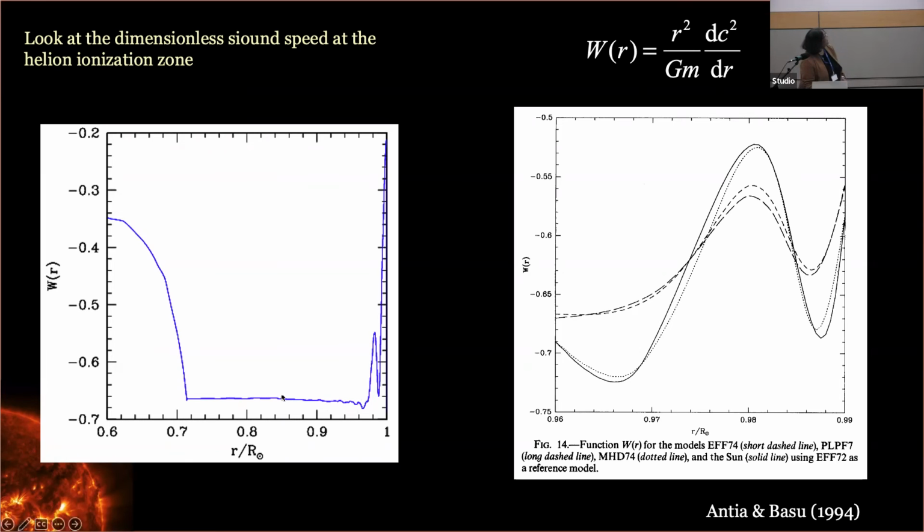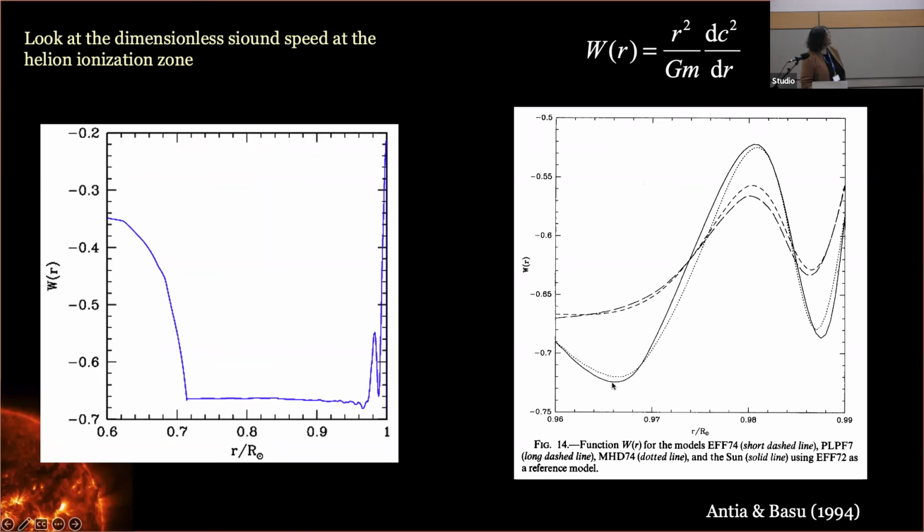Now, if I zoom into this little peak here, and if we look at this figure, the dotted and the dashed line are the EFF equation of state and an equation of state that's even older, the so-called Planck-Larkin partition function. And you can see it doesn't match with that of the sun, which is the solid line here, at all.